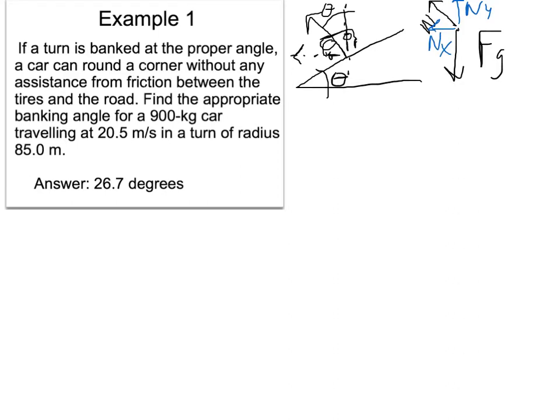Now the car is not going to fly up or fall down, so a couple things I noticed right away is that the normal y force is going to equal gravity. We can rewrite that as n cosine theta equals mg, so I notice that's going to be true.